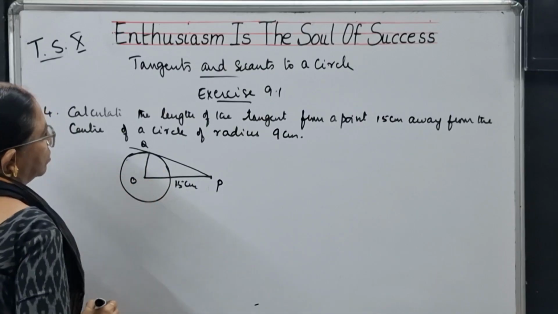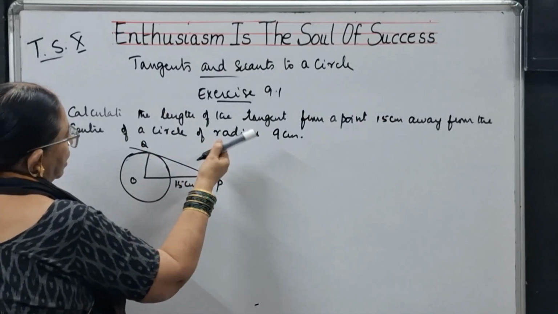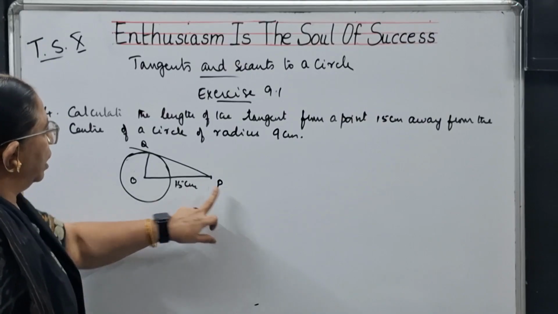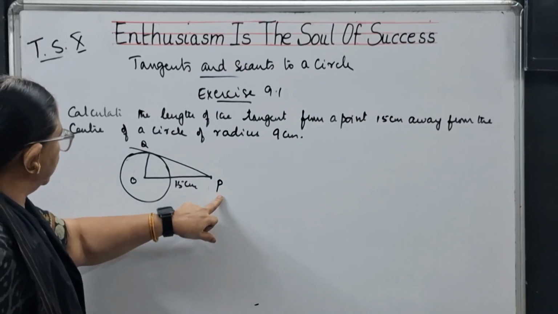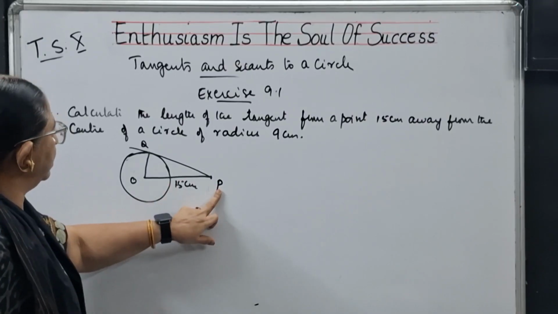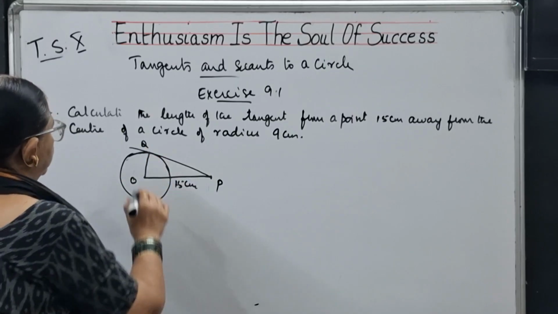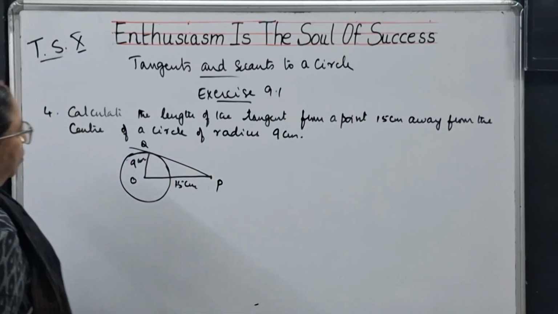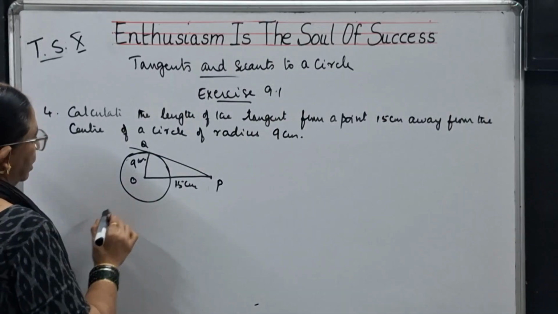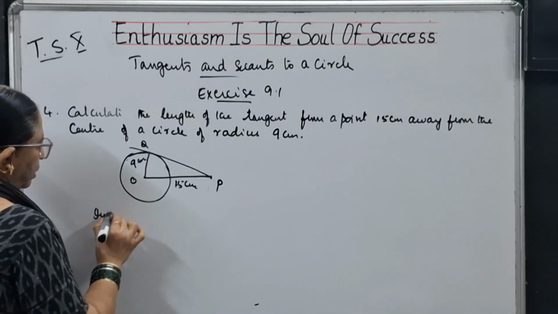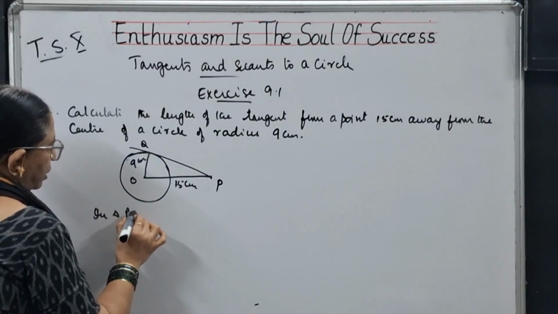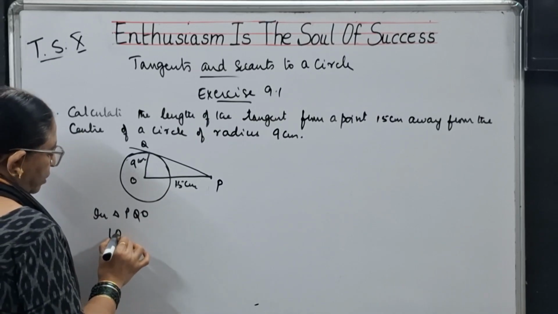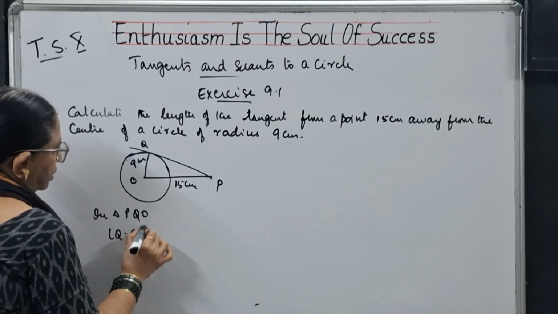Now let me join Q and O. This is the radius. Radius is how much? The circle has radius 9 centimeters. This radius is 9 centimeters. Now we need to find out the length of the tangent. So in triangle PQO, angle Q is equal to 90 degrees.